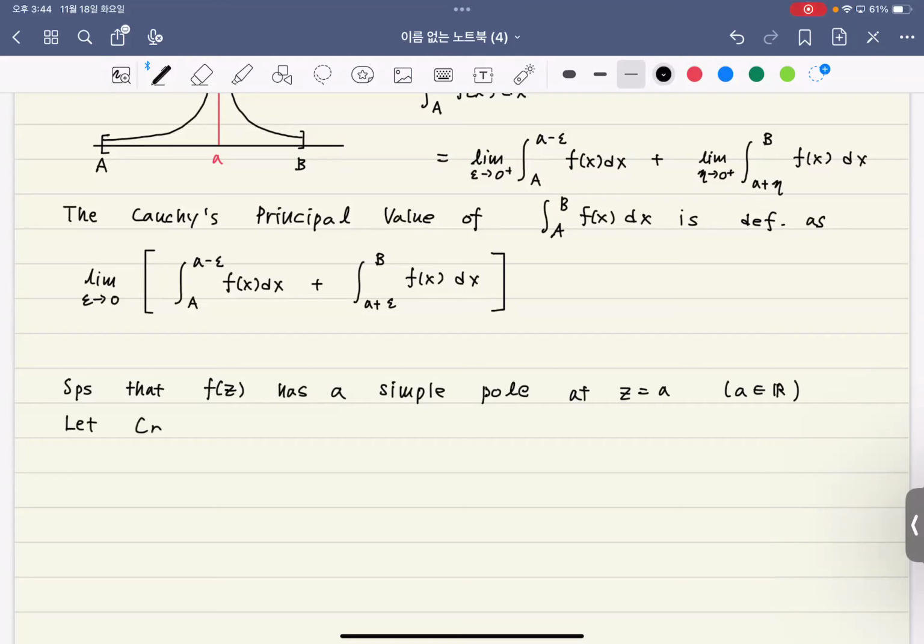I want to define a curve which is a semicircle, the upper half of the circle with |z minus a| equal to r. Generally we assume that this r is a very small number. And I want this curve to be oriented counterclockwise.